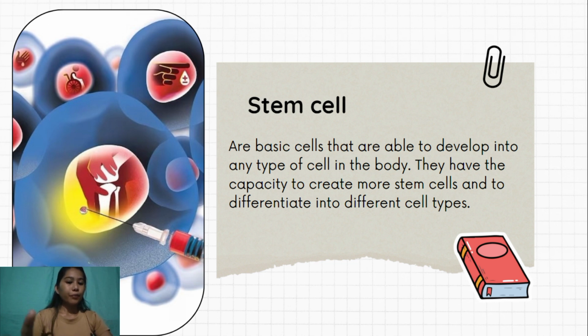The human body uses stem cells to replace worn out cells. Specialized cells in the human body have unique structures and functions that allow them to perform a specific task.